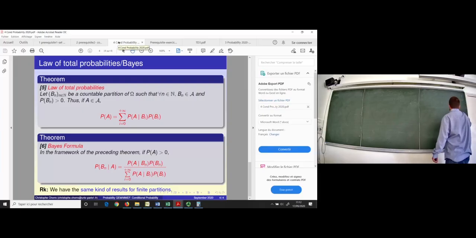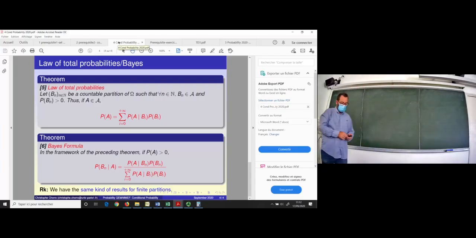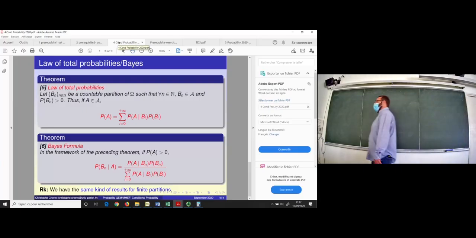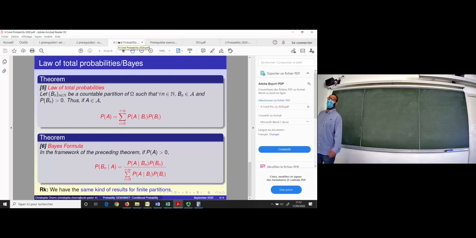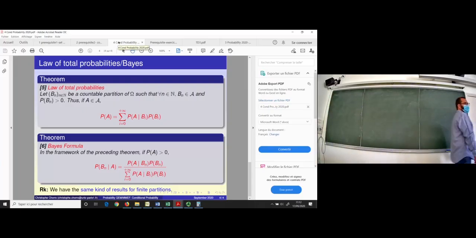So intuitively, the law of total probability is something that will allow you to compute the probability of a set that is a little bit complicated to do directly, by cutting the problem into smaller problems. This is the idea, where the probability of the smaller problems will be easier to compute. This is the meaning of this, and I will enter the details.